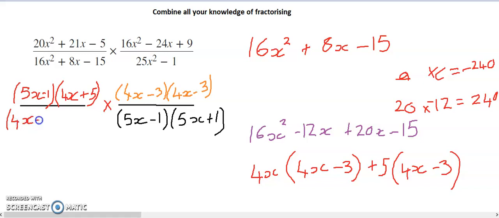So I'm just going to put down my new factorized form, 4x minus 3 and 4x plus 5. So now we're looking at this, we can simplify our understanding.